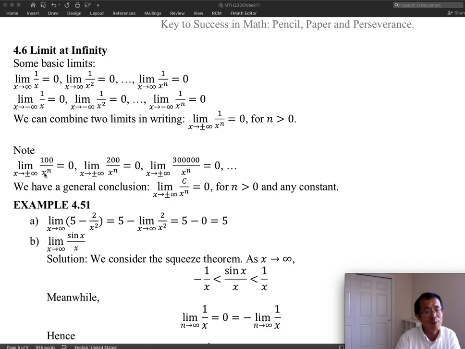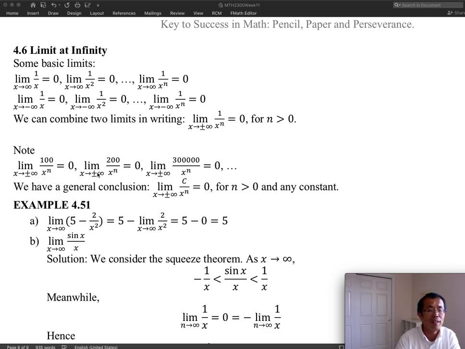So 100 over x approaches 0. You can also try 100 over x squared, 100 over x to the power of 3; they all approach 0. And you could also count in the case x approaching negative infinity. This limit is still 0.